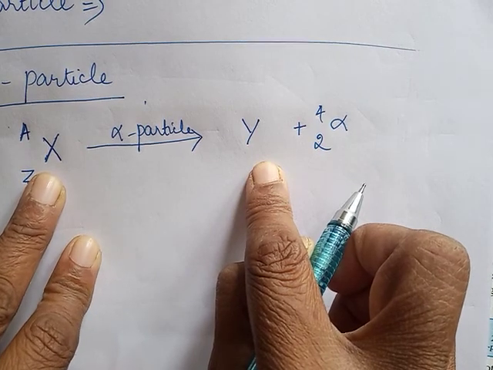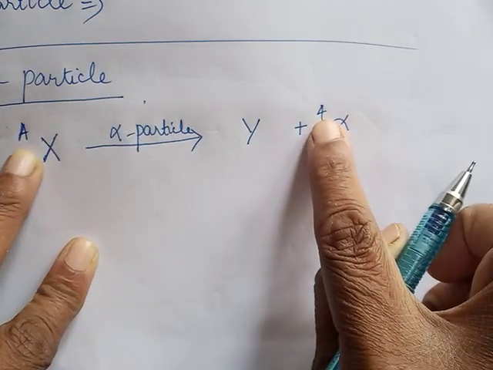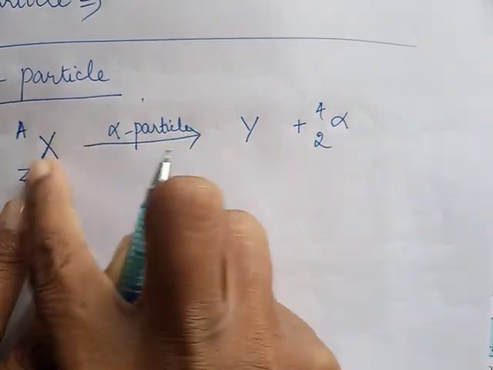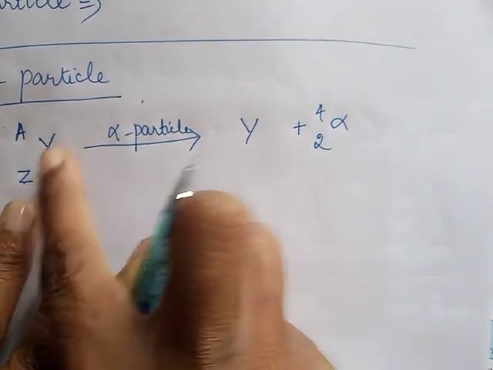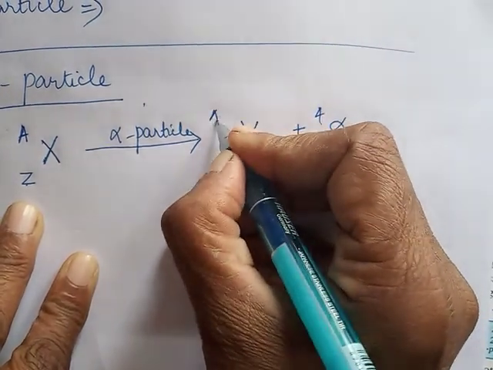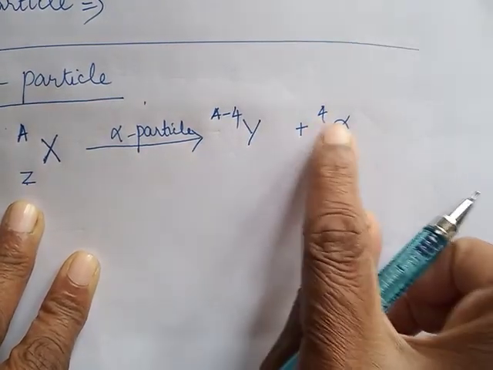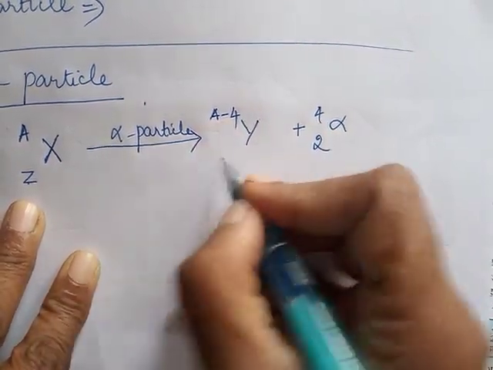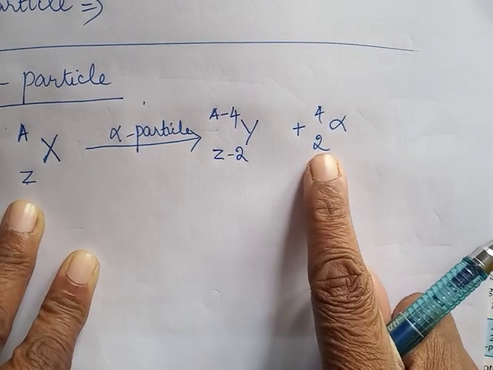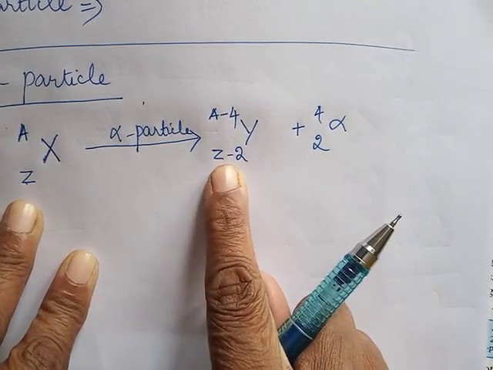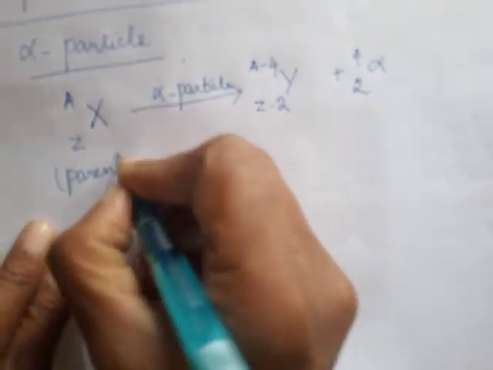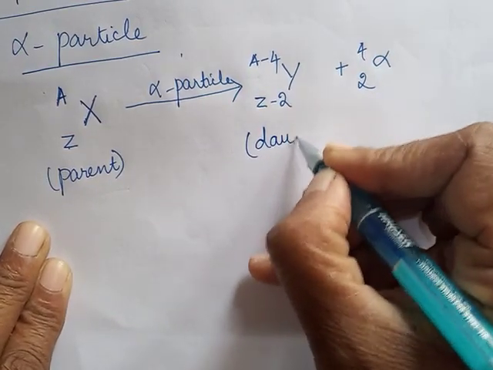It won't be X anymore because it has lost 2 protons and 2 neutrons, so definitely its atomic structure has changed. Let me take it as Y, whose mass number will be A minus 4, because 4 has gone, and atomic number Z minus 2, because 2 protons are gone. Now this is called the parent nucleus and this is called the daughter nucleus.